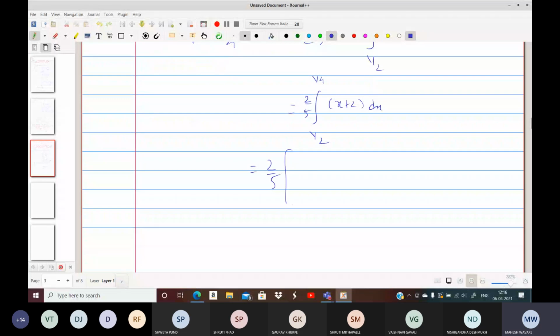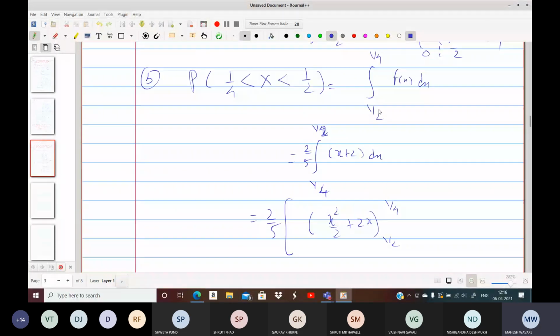So 2 upon 5 is taken out. Integration is x square upon 2 plus 2x. Put the limits: 1 upon 4 is the lower limit and 1 upon 2 is the upper limit, since 1 by 2 is greater than 1 upon 4.